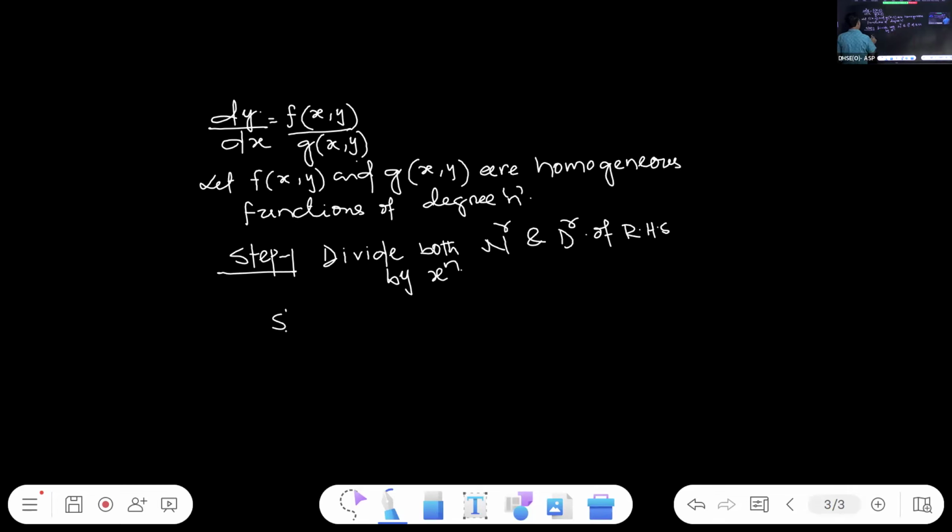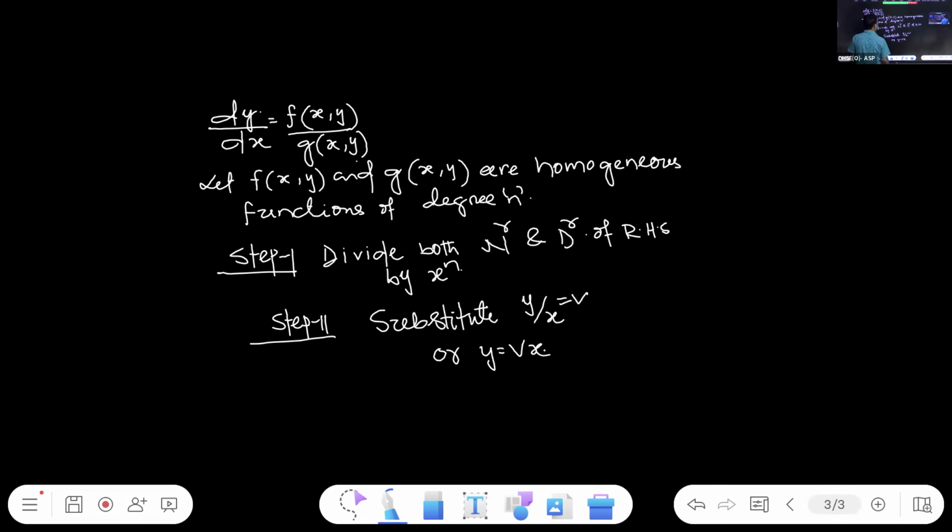Step 2, substitute y by x is equal to v, or y is equal to vx.